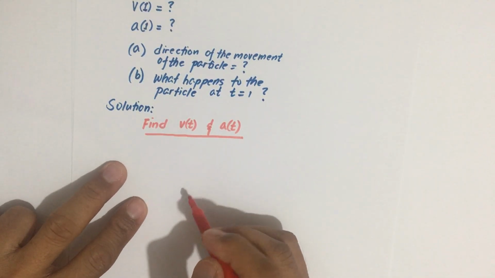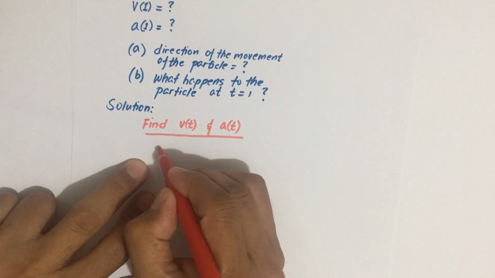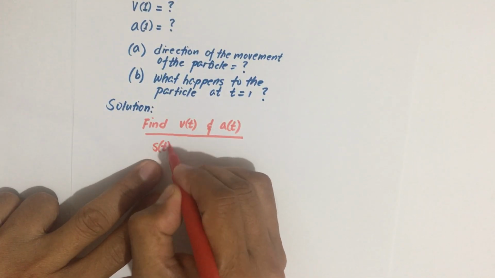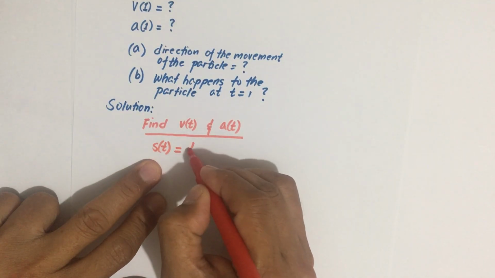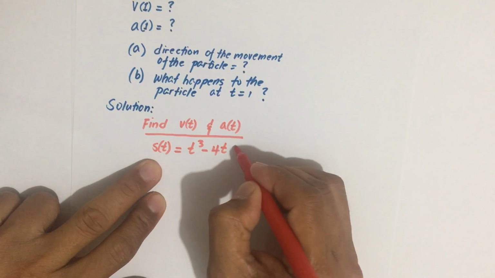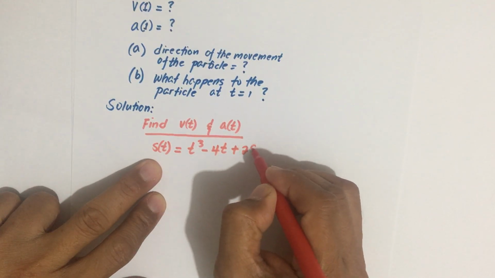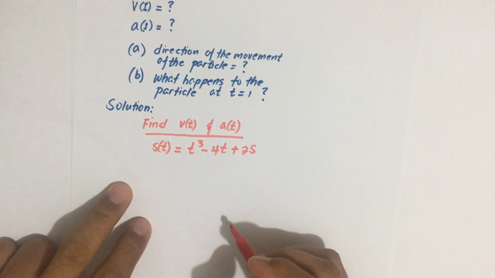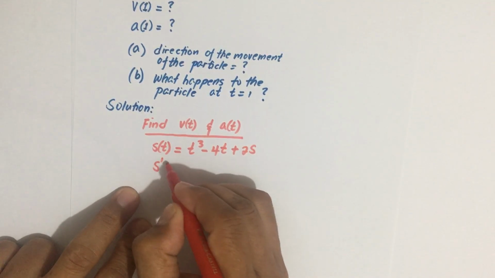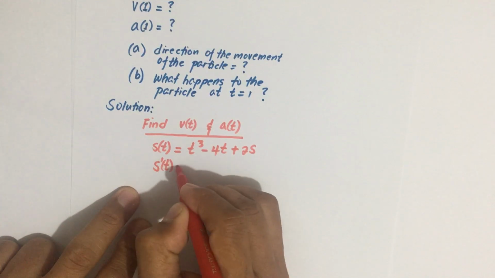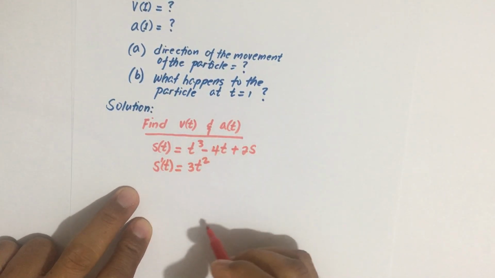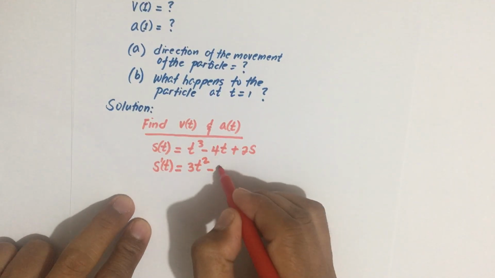So from our given, we have s of t equal to t cubed minus 4t plus 2 times s. So therefore, s prime of t equal to 3t squared minus 4.